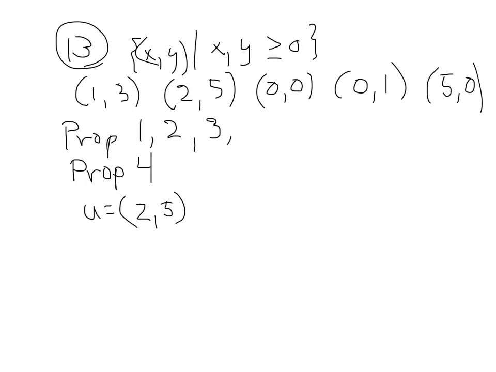So if u is in there, the opposite of u has to be in there, so it adds to 0, 0. But the opposite of u is -2, -5. But my x is less than 0, my y is less than 0, so property 4 fails.